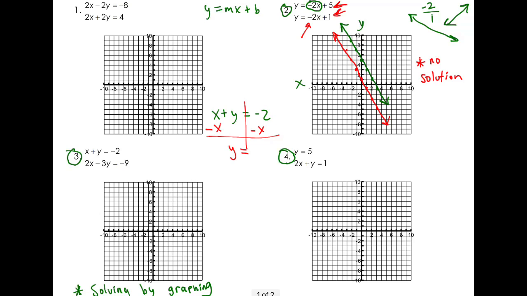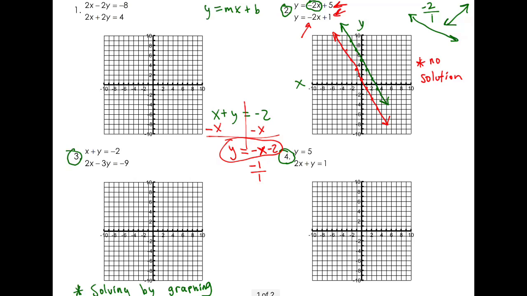So that's going to be a negative x minus 2. So your slope there, that's the same thing as a negative 1 over 1. Okay, and so let's graph that.